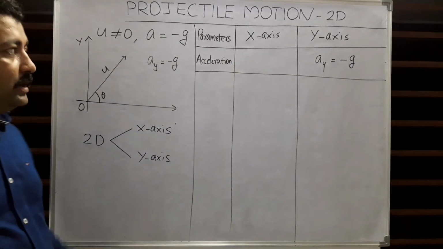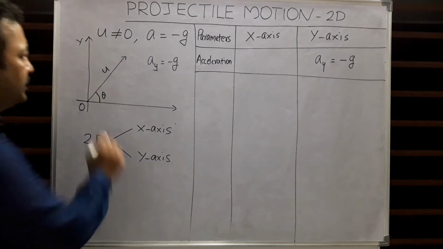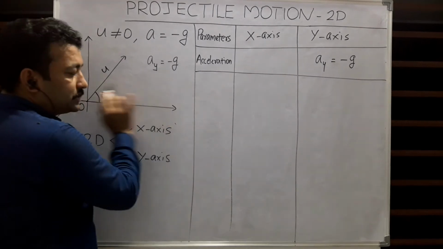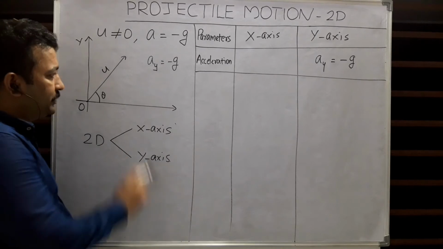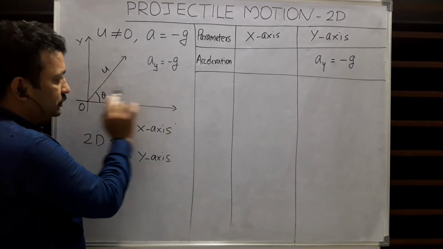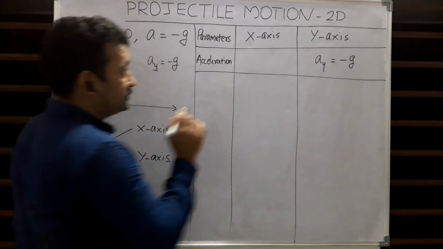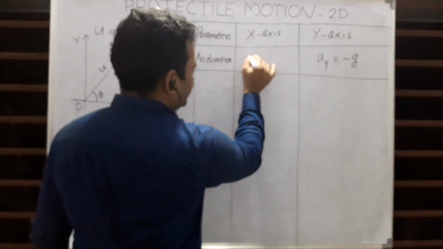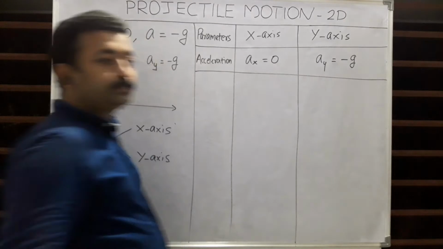And in my analysis, I have chosen the convenience that there is no air turbulence or air resistance. So that means there is no retardation, there is no acceleration along the x-axis. That is one of the assumptions which I have taken. So ax is equal to 0.